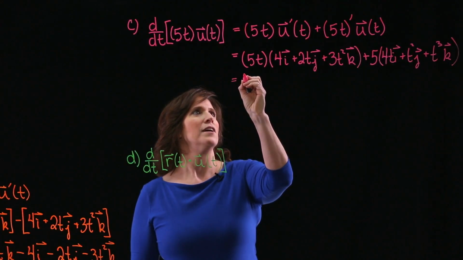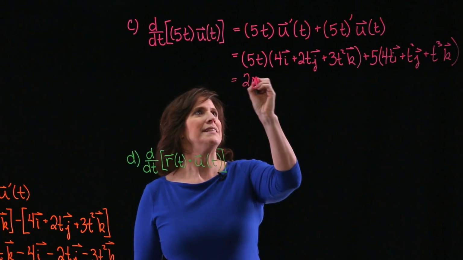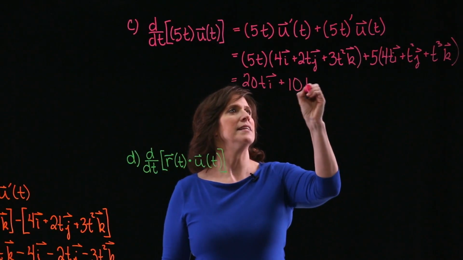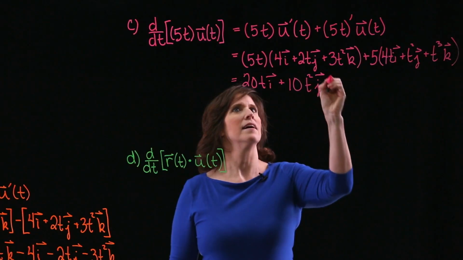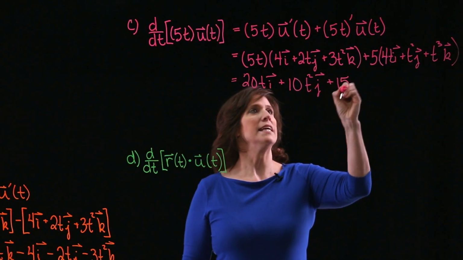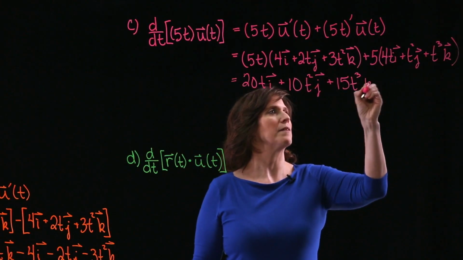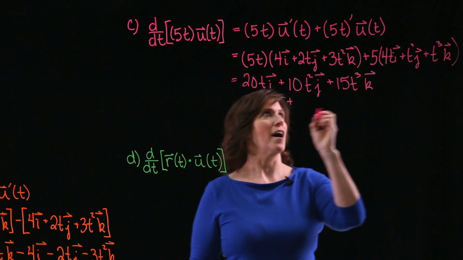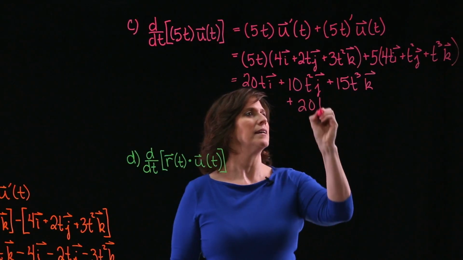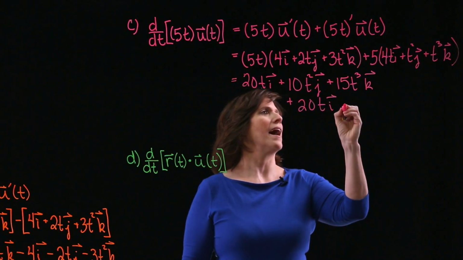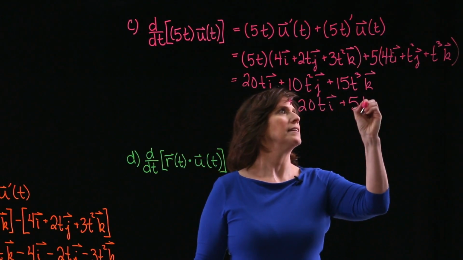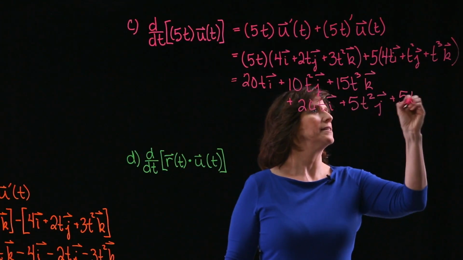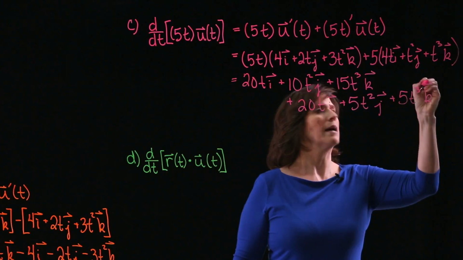So I'm going to have 20ti plus 10t squared times vector j plus 15t cubed times my vector k. And I'll also distribute the 5 across. So I have 20t times vector i plus 5t squared times vector j plus 5t cubed times vector k.